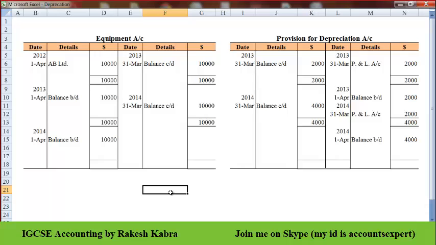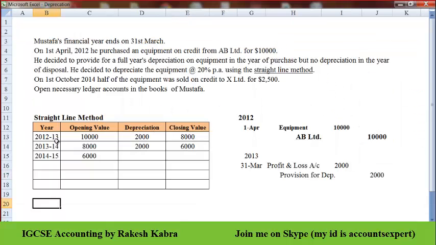Now in this year what happened? In this year we sold half of this equipment. See here in the question, on 1st October 2014. It means after 6 months. We are in the third year, and in the third year we started on this date, 1st April.